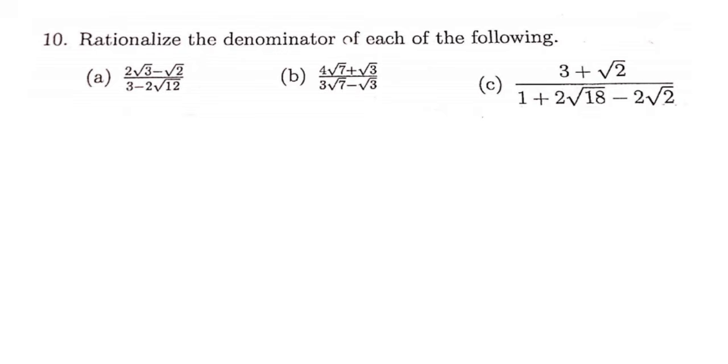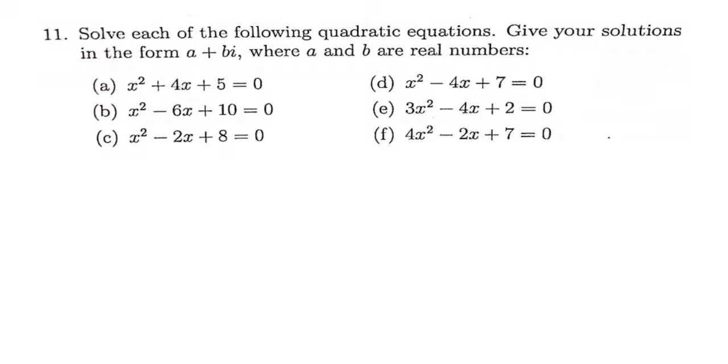So let's solve also the other one. We're told to solve each of the following quadratic equations. Give your solutions in the form a plus ib, where a and b are real numbers. Since we have a lot of questions, we are just going to show you how to solve this one quickly.